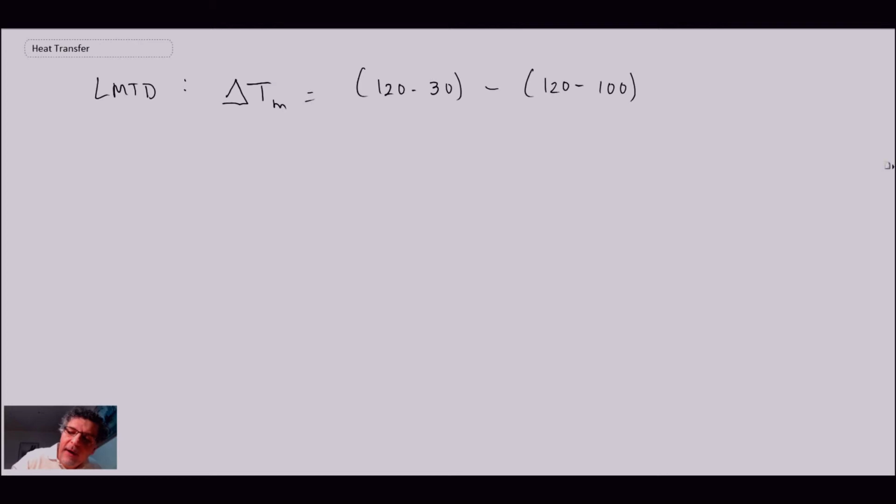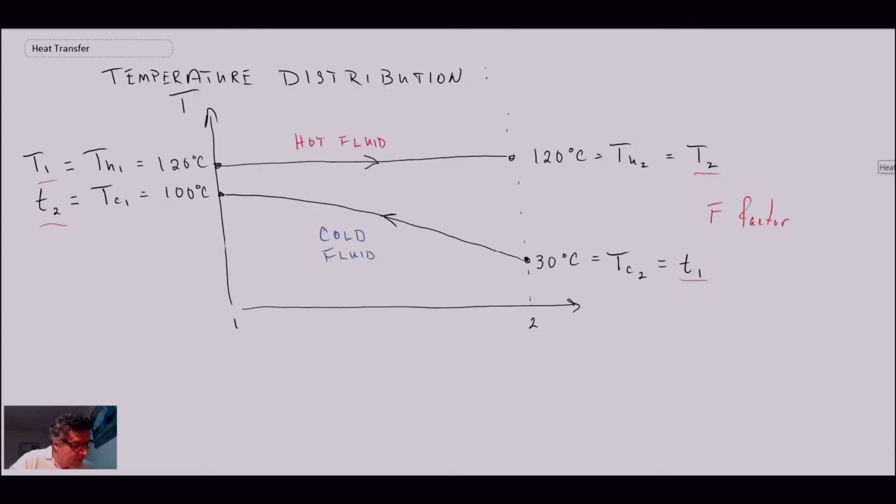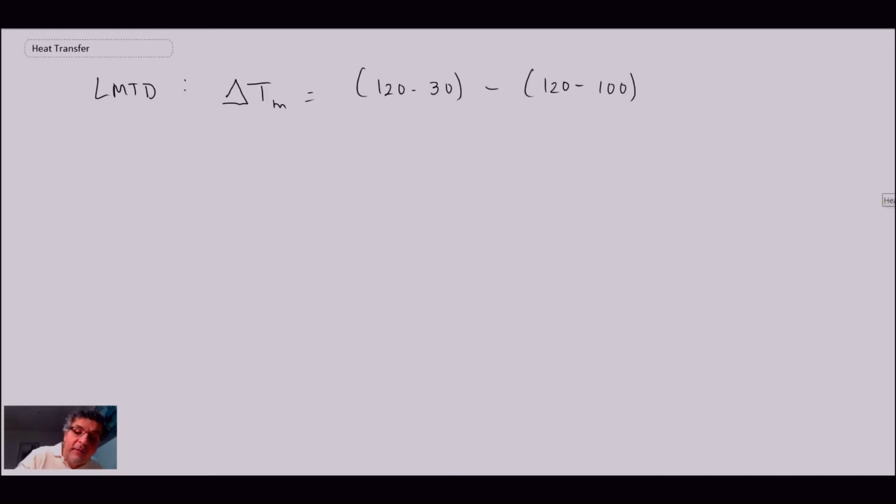So if we go back and look at our temperature diagram, what I'm doing here is basically the first one is T hot 2 minus T cold 2. So it's this differential. And then the other differential that we're going to be evaluating is that one there. So that's what we're doing here, and dividing by the logarithm.